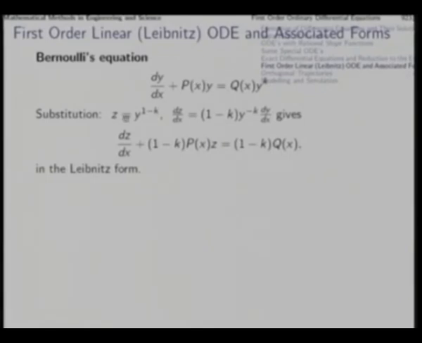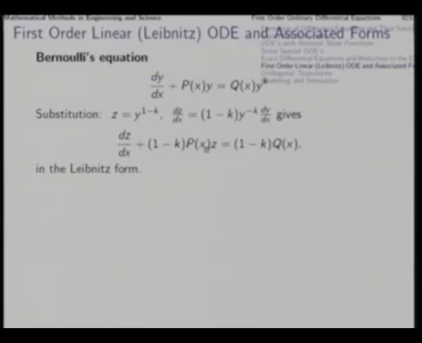When we substitute z equal to y to the power 1 minus k, and then differentiate this to find dz/dx, we find that it will be 1 minus k into y to the power minus k into dy/dx. Then in place of dy/dx, we will put expressions involving dz/dx, and we will find that dz/dx turns out to be this.